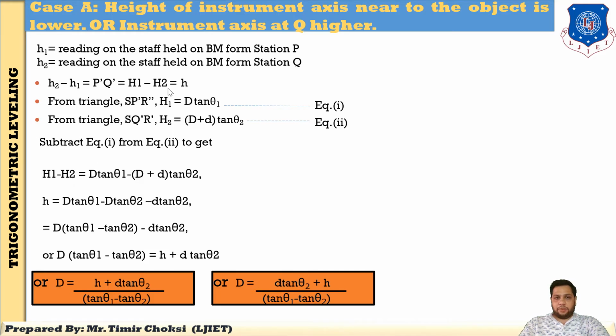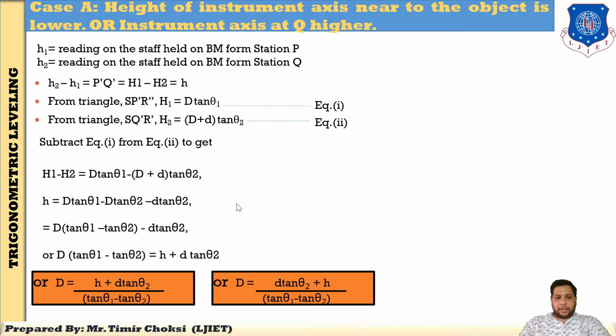H1 minus H2, as we already found, is equal to small h. Now simplify the equation and you get the answer for capital D. Capital D equals (h plus d tan theta 2) divided by (tan theta 1 minus tan theta 2), or you can also write it as (d tan theta 2 plus h) divided by (tan theta 1 minus tan theta 2). Both equations are the same.